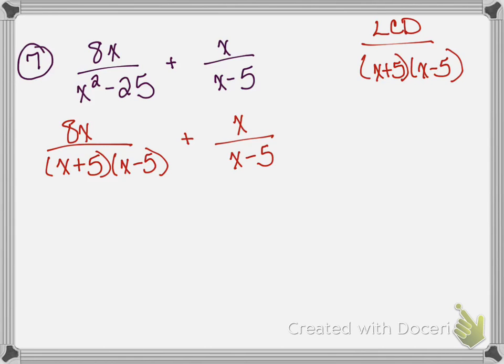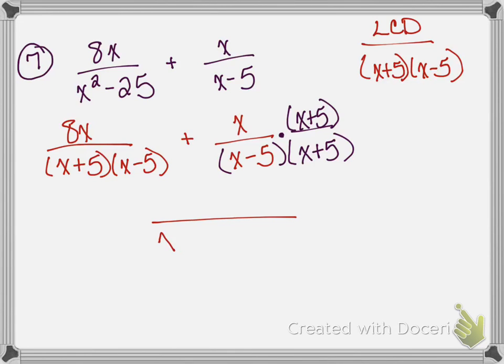So do I need to add anything to it? No, because they're both in it. My second denominator doesn't have one. What does that one not have? X plus 5. Excellent. So if it doesn't have it, I have to do it on the top and the bottom. Okay? So my denominator here is x plus 5 and x minus 5.